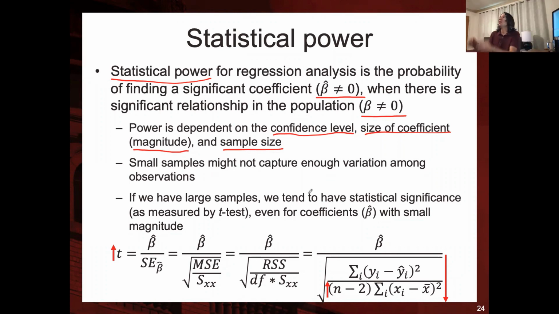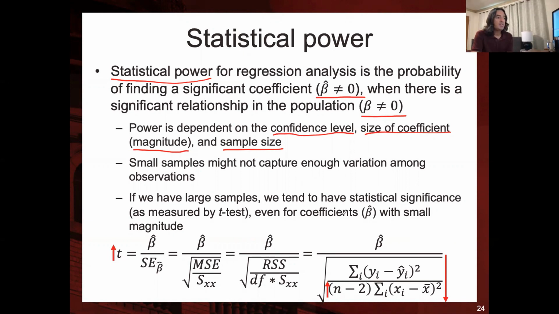Let's say that everybody that I interviewed in my sample, my survey, was 30 years old. So there's not enough variation, so I cannot see if age impacts income or not, because everybody has the same age.